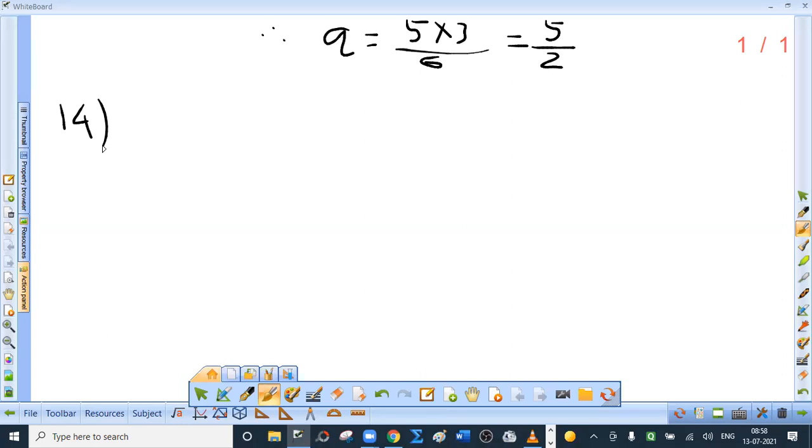The position vectors of the given points. I'm going to dictate the first part. The position vectors of the given points A, B, C, D. See, when I say points, you have to use capital letters.